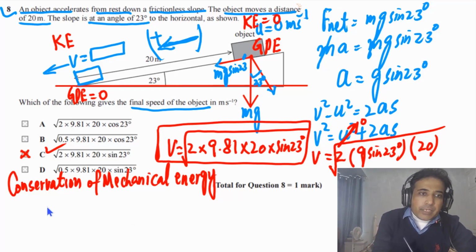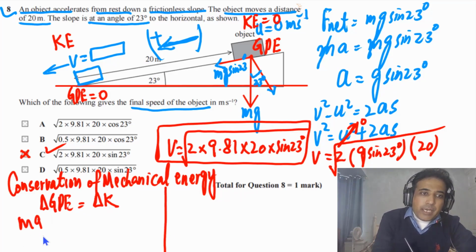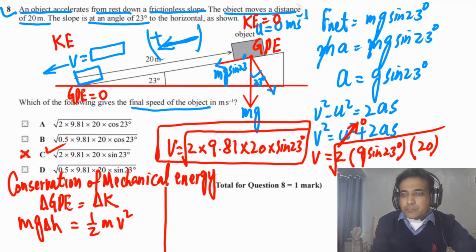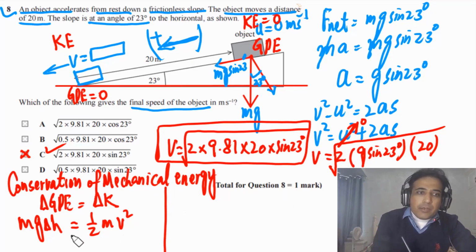Now from here we can write down that the change in GPE has to be equal to the change in kinetic energy. The change in GPE is mg delta h, and that has to be equal to 1/2 mv square, because the initial speed is equal to 0. We can further simplify this. We can cancel m with m, meaning it is not depending on mass.